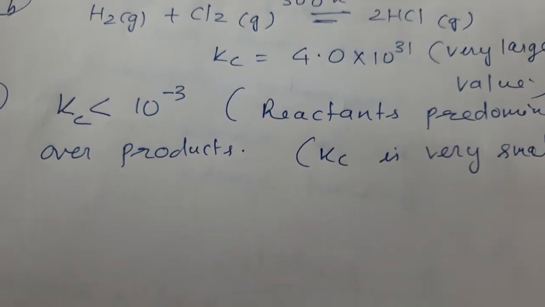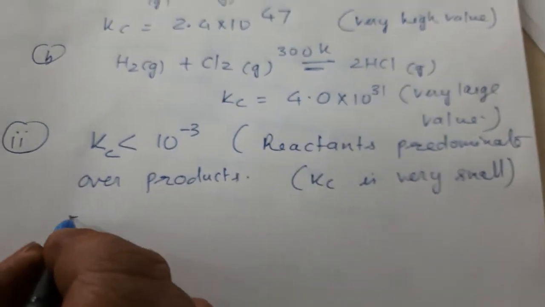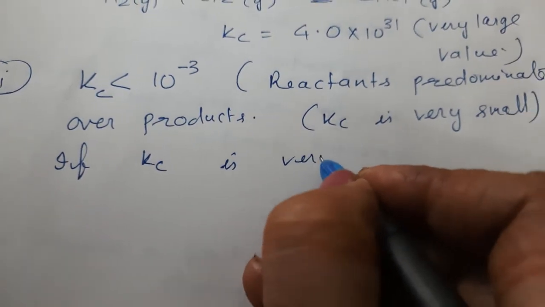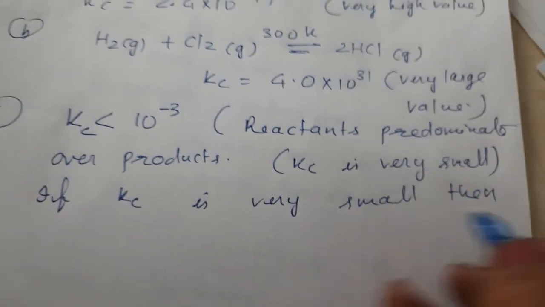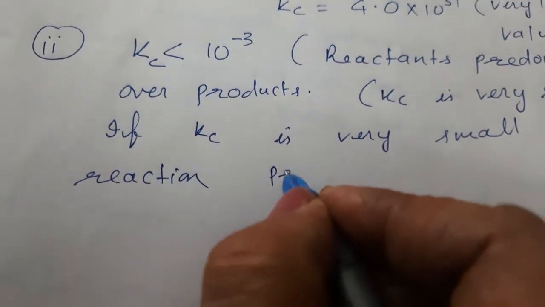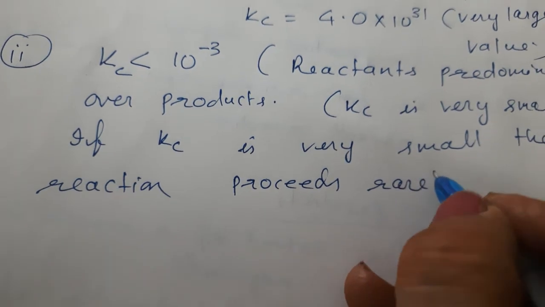Okay, so if Kc is very small, the reaction proceeds rarely. If Kc is very small, then the reaction is difficult, right? Reaction proceeds rarely, meaning it is very difficult.